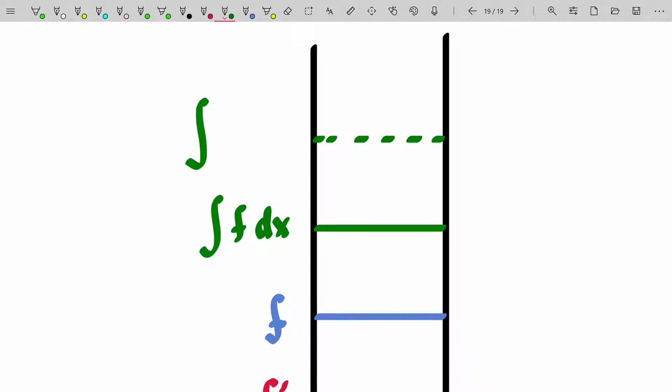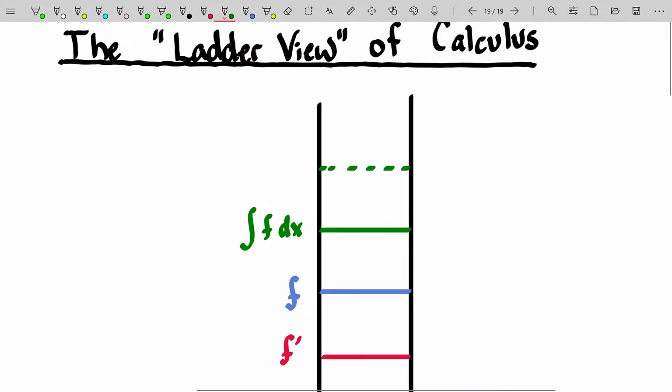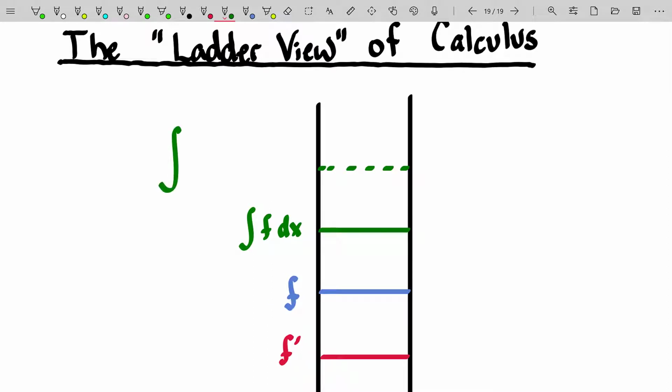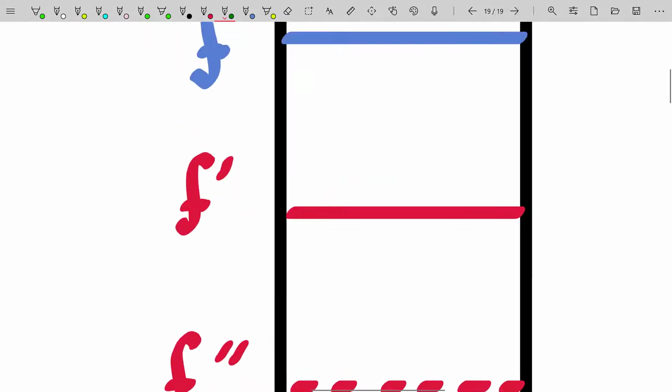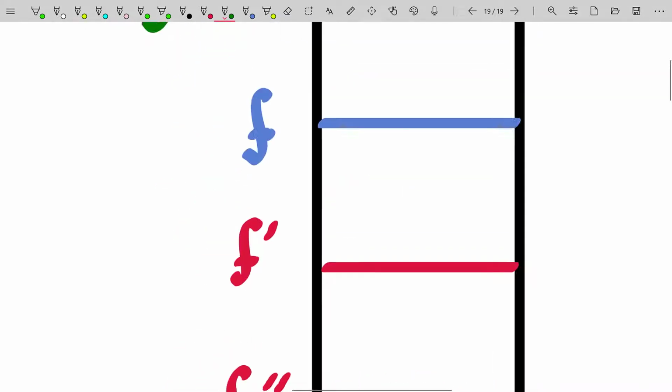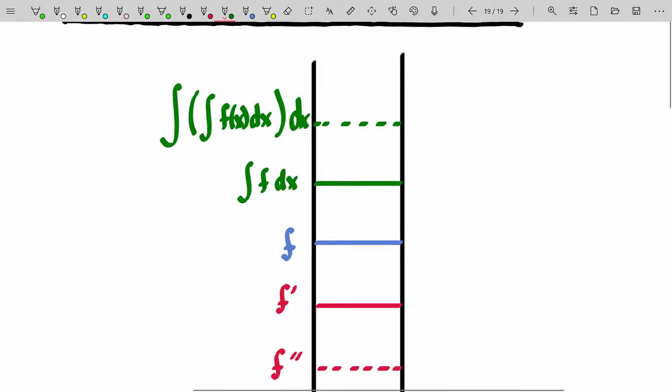Visually, it goes like this: it's the integral of something with respect to x, and the thing you're taking the integral of is the integral of f of x dx. There you go, I put in the f of x for you. So two steps up would be two integrals up. One step down would be the derivative of f. Two steps down would be two derivatives, and so on and so forth.